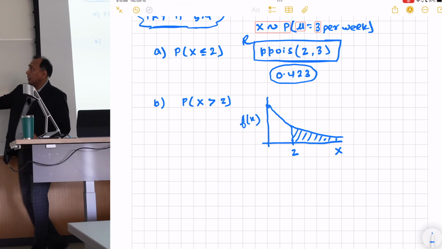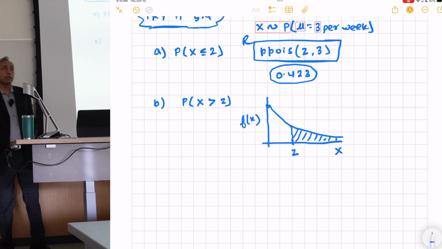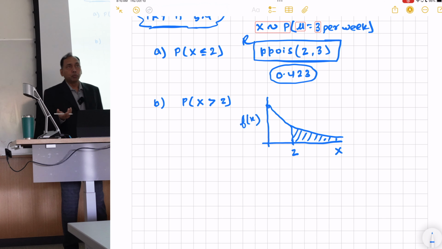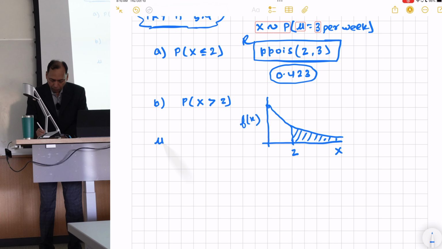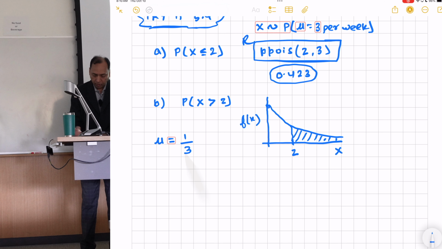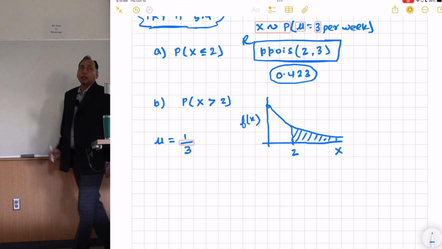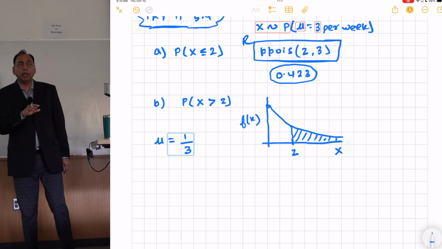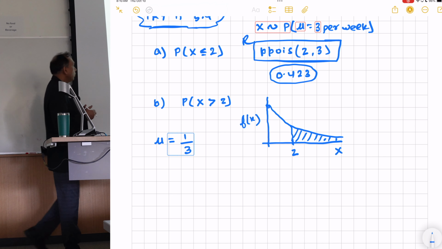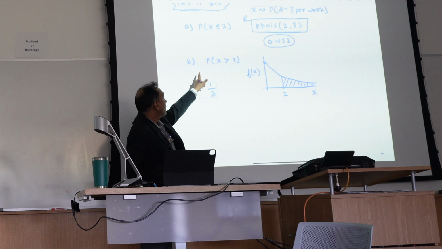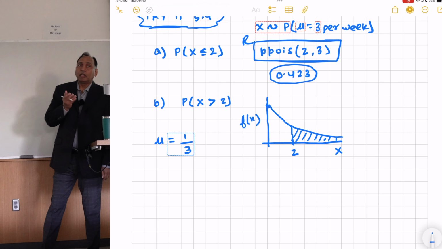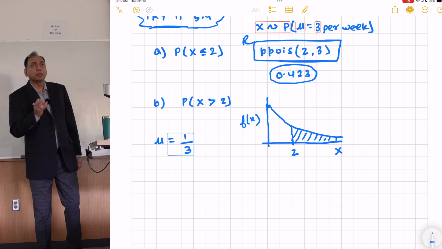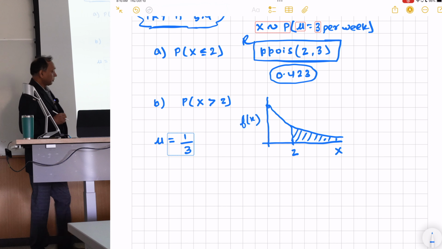So for exponential distribution, we need to know mu or the decay factor. Mu for exponential is 1 by 3. If there are 3 accidents per week, then you take the reciprocal of that. For exponential distribution, it becomes 1 by 3. It takes 1 by 3 weeks for each accident.